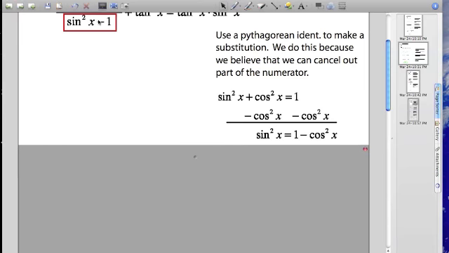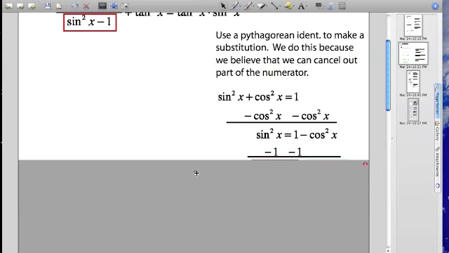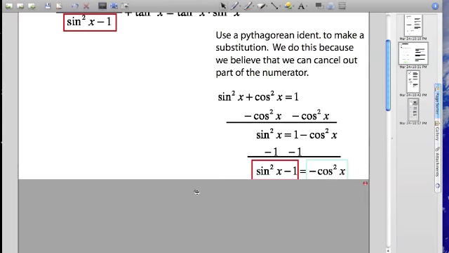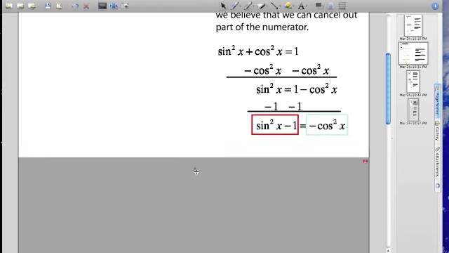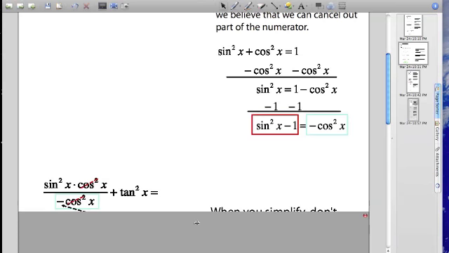I actually want to get the 1 on the other side, so I'm going to subtract 1 next. So subtract 1 from both sides, and this is what we end up with. I get sine squared x minus 1, which is what I wanted. That's equal to negative cosine squared x. So I'm going to take the negative cosine squared x, and I'm going to substitute that in for my sine squared x minus 1.